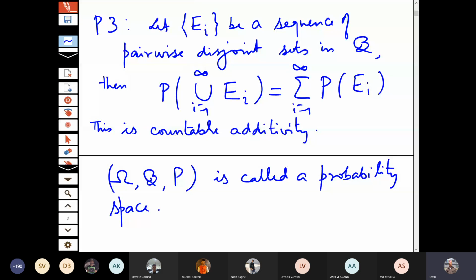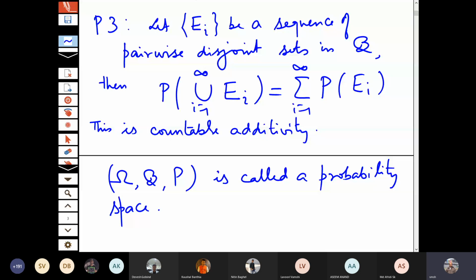This P we would calculate using any methodology. It can be the relative frequency definition, it can be the classical definition, or it could be any other subjective method also. But if it satisfies these three axioms, then it is a valid probability function.